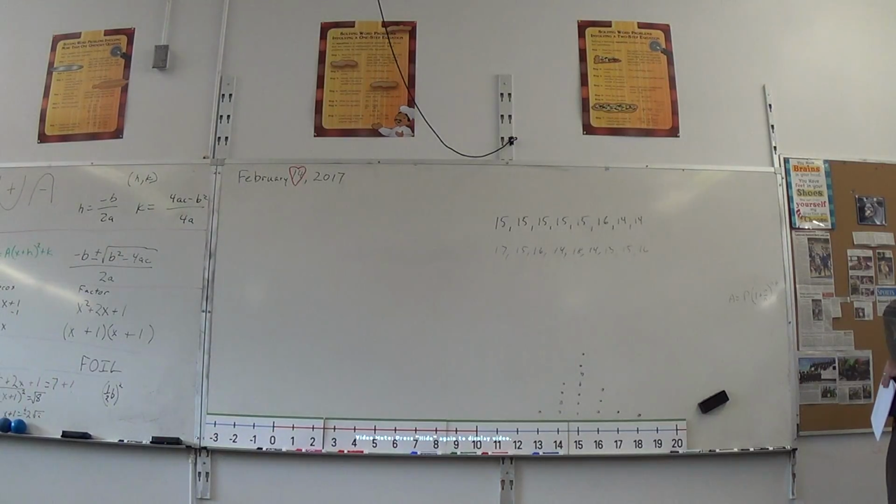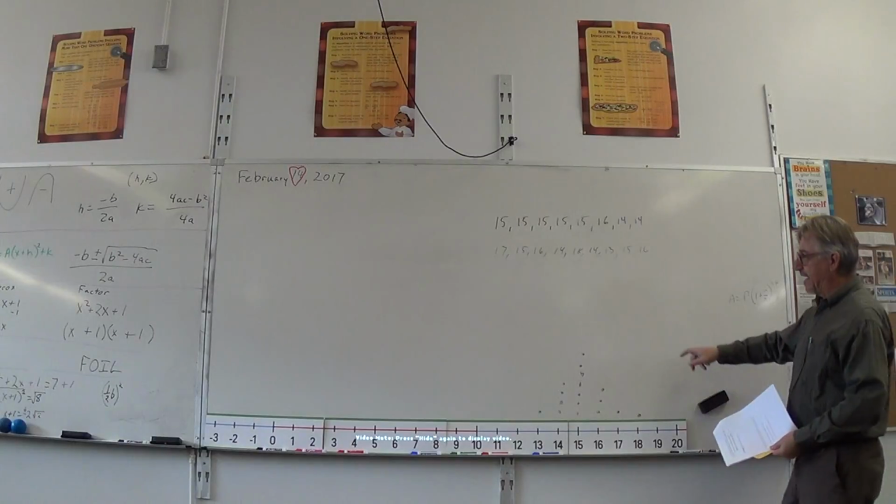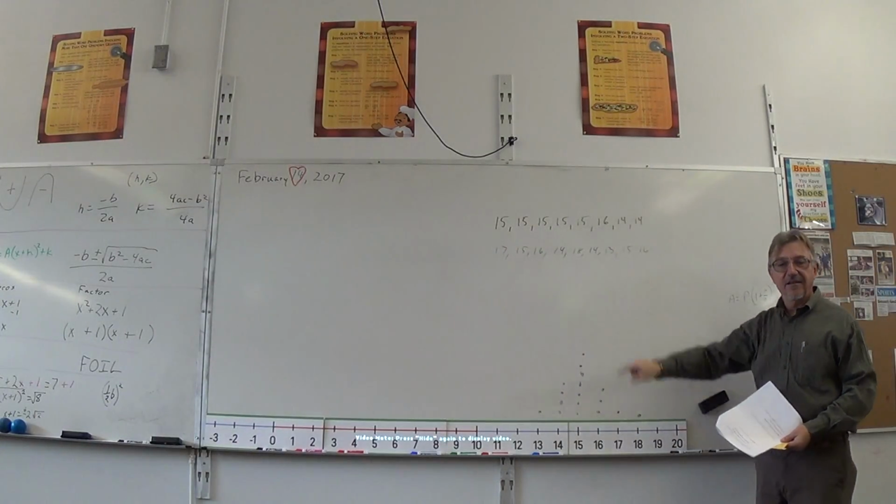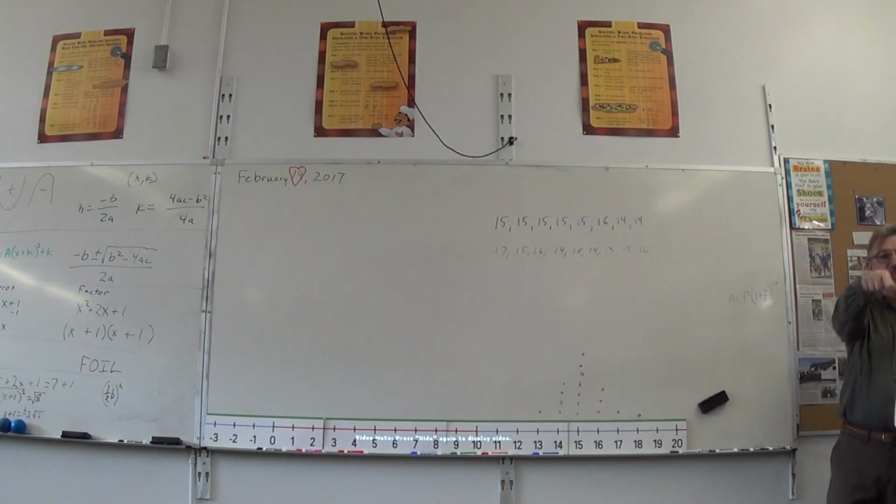So to find the mean, you're gonna add them all together and divide by the number of students, 17. You're gonna add all these numbers together and divide.